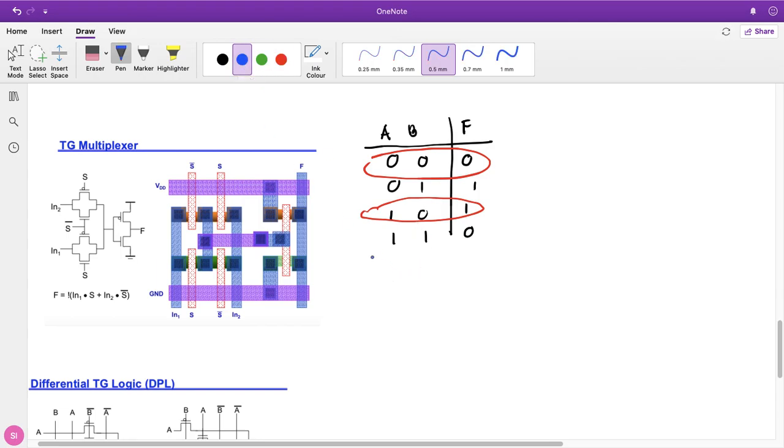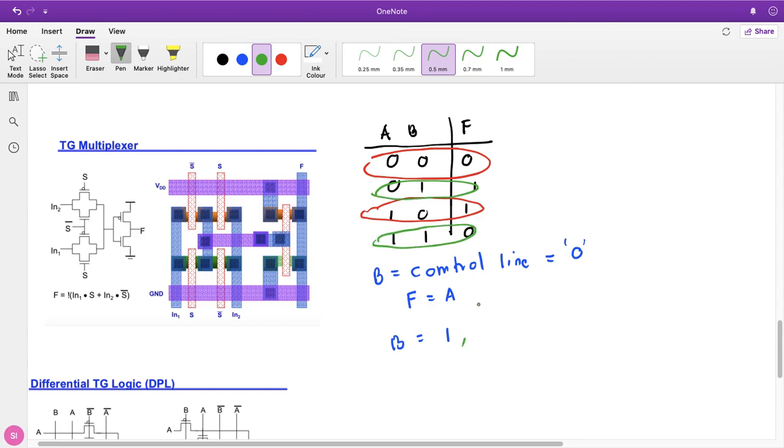When B as a control line is stuck to 0, then F is following A. Then when B is assigned 1, F is then A bar.